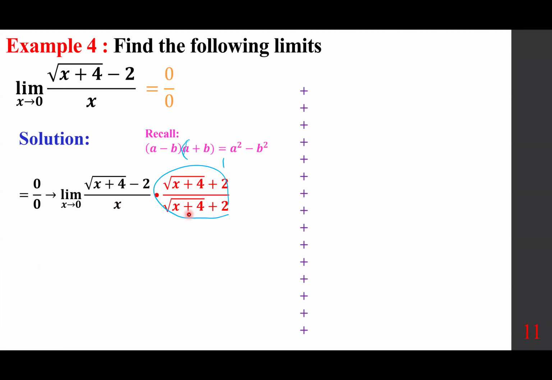So what do you do? You keep it as a product, x, parentheses around that. Now the top is a minus b. Let me erase the work. So you're looking at a minus b times a plus b, which is a squared minus b squared.